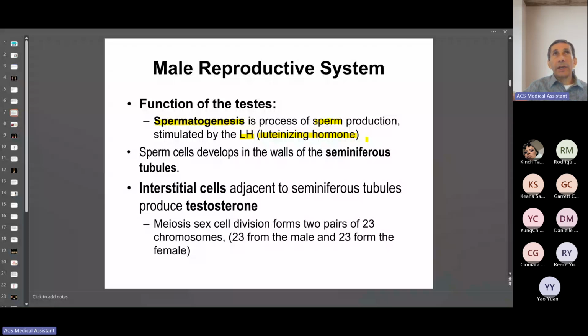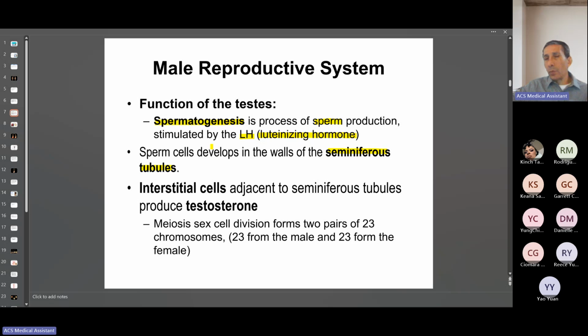Now, where within the testicles are these sperm cells developed? Where are they produced? Well, these sperm cells are produced within a structure inside the testicles called the seminiferous tubules. Semi sounds like semen, like sperm.